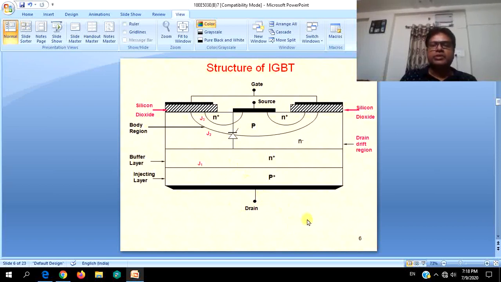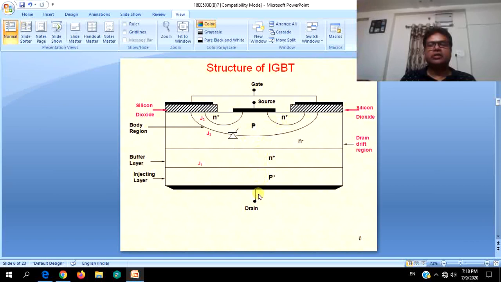When it comes to the basic structure, this is a non-punch through IGBT with N channel. These things we have already gone through. Just like in the case of MOSFET, conduction takes place because of this N channel, from source to drain.